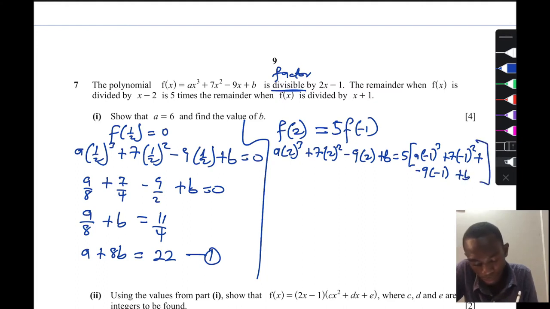So this will give us 8a plus 4 times 7 is 28 minus 18 plus b is equal to 5.